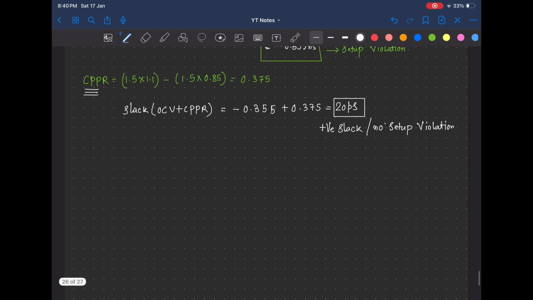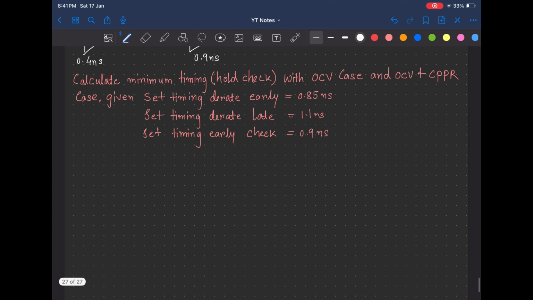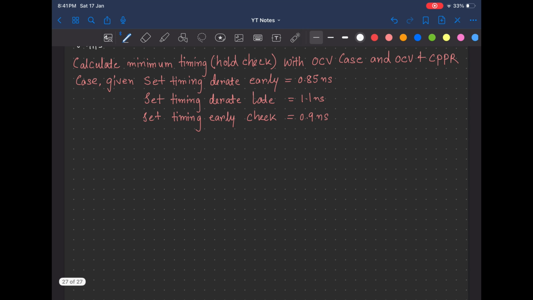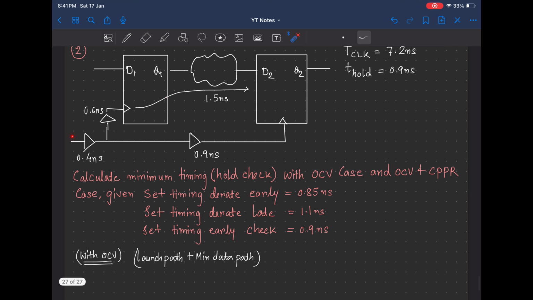Now coming to the hold part. How do we do that? Let's calculate the first case, which is with OCV. Here we have the launch path and the minimum data path. This is the launch path and this is the minimum data path.